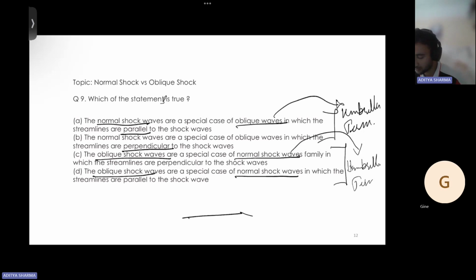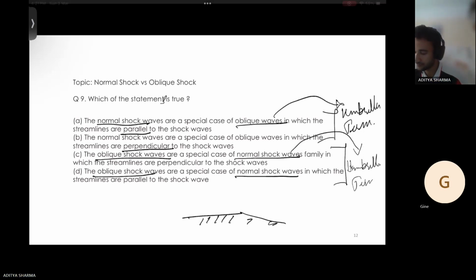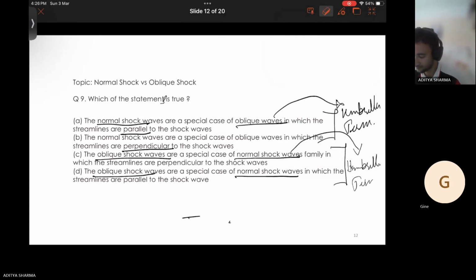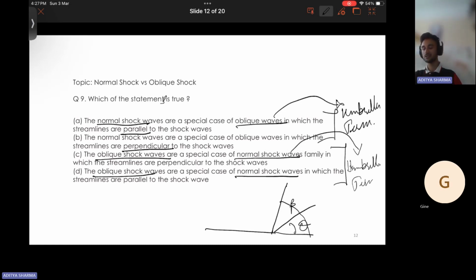I hope you are able to visualize this, right? You see, this is theta, and this is your shock wave, and this bigger angle is your beta. So if you keep on increasing the theta, the beta will also keep on increasing.